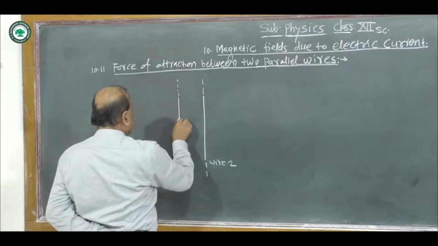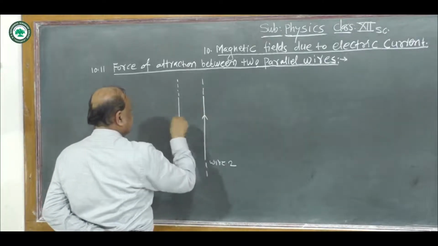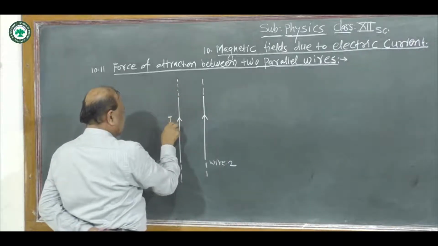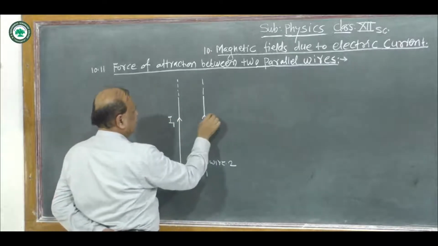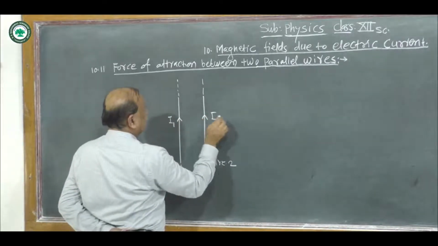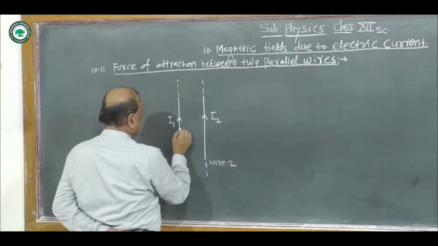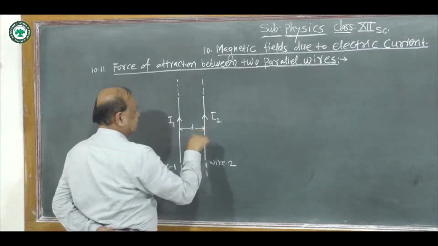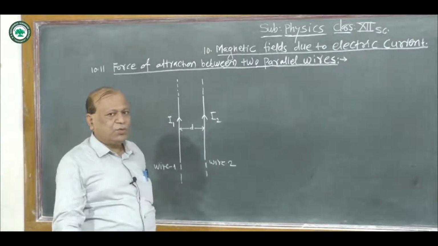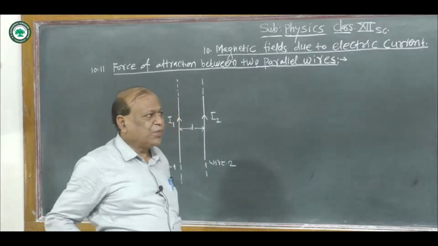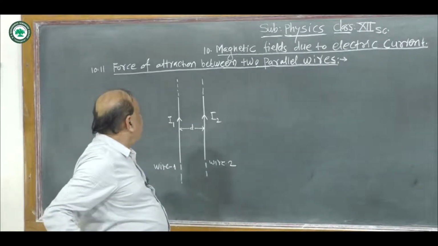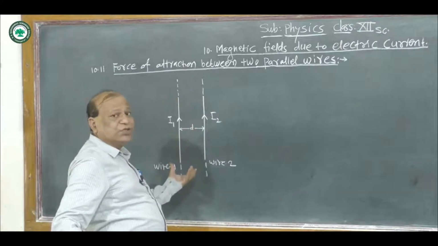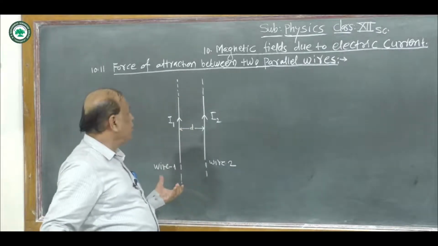Now the directions of currents are parallel here. Current through wire 1 is I1, through wire 2 is I2. These wires are separated by distance d here. Now we have to find what is the force of attraction between these two wires.